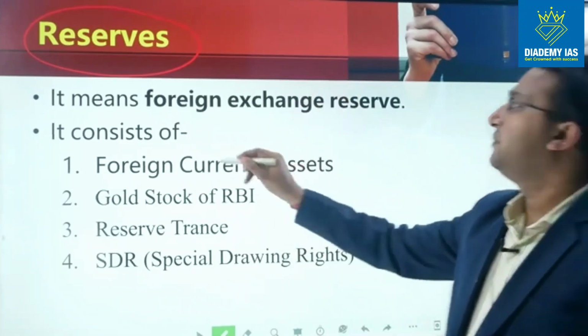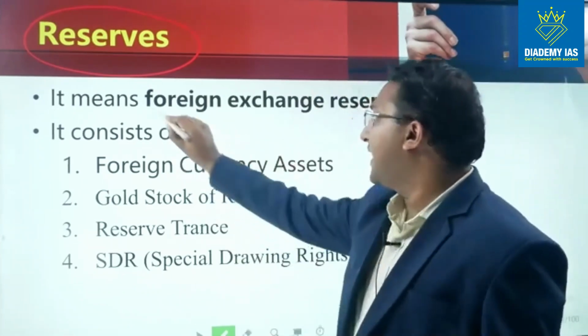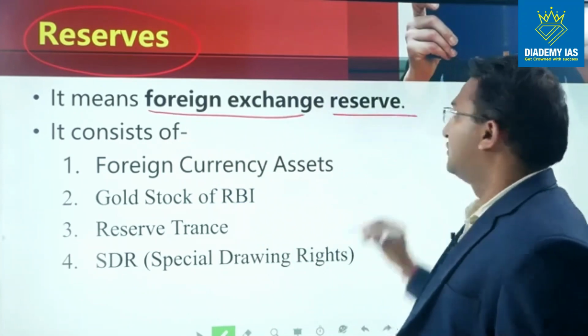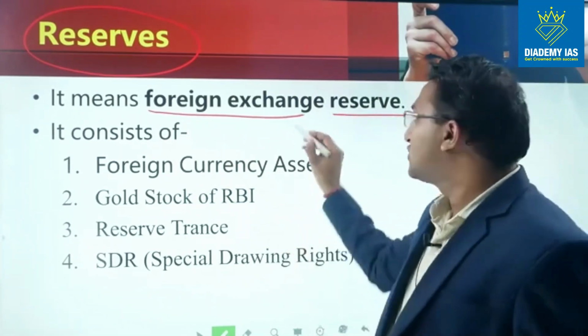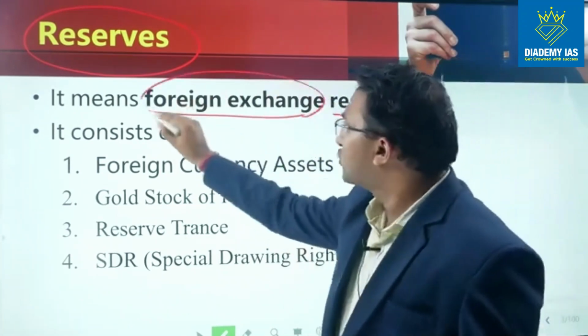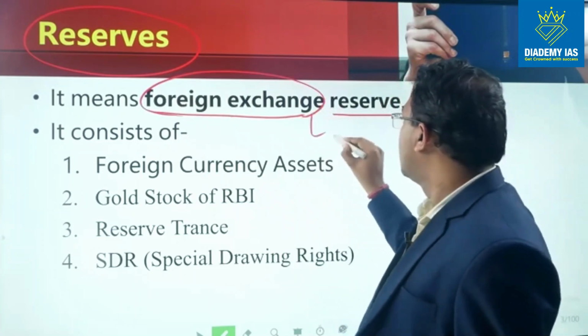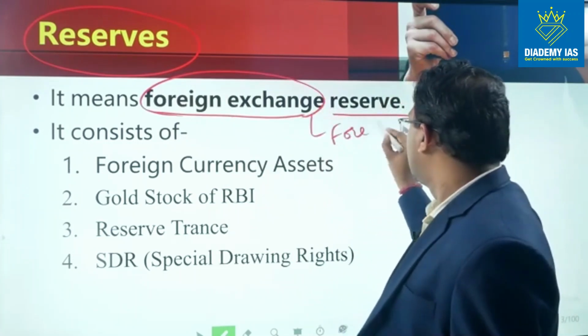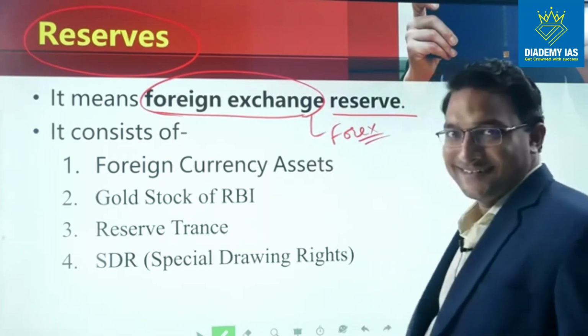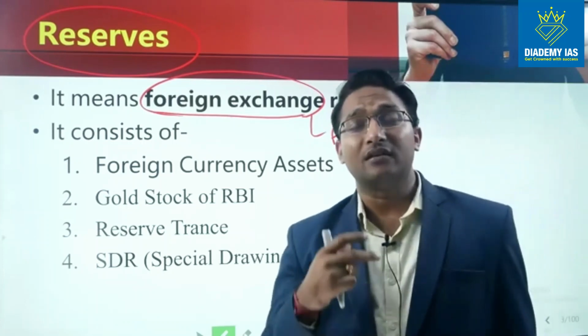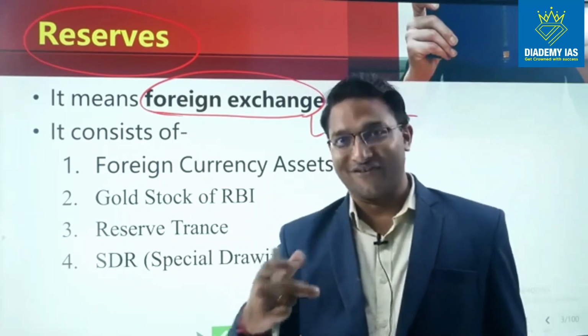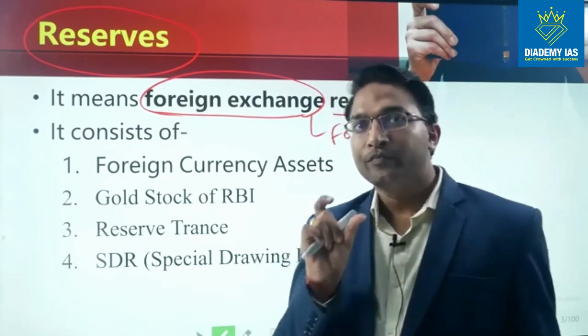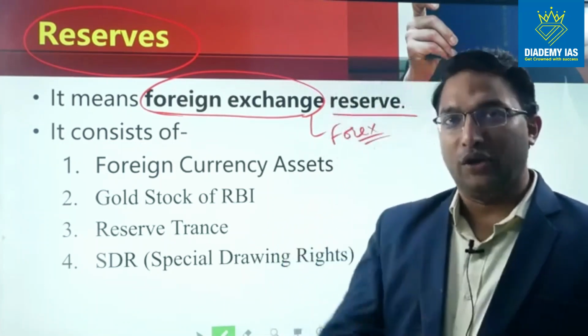So this reserve basically means foreign exchange reserve. This foreign exchange can also be abbreviated as Forex. So this is also called Forex reserve. Now it has four different components.